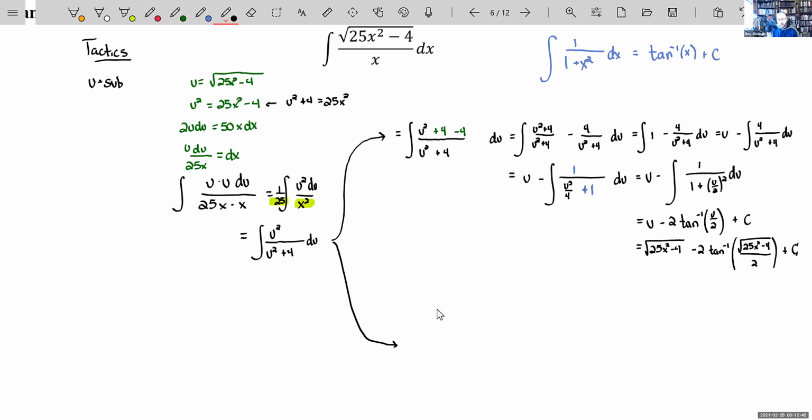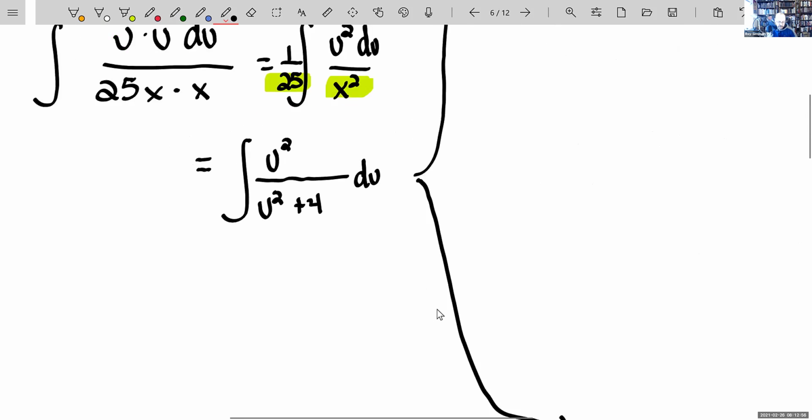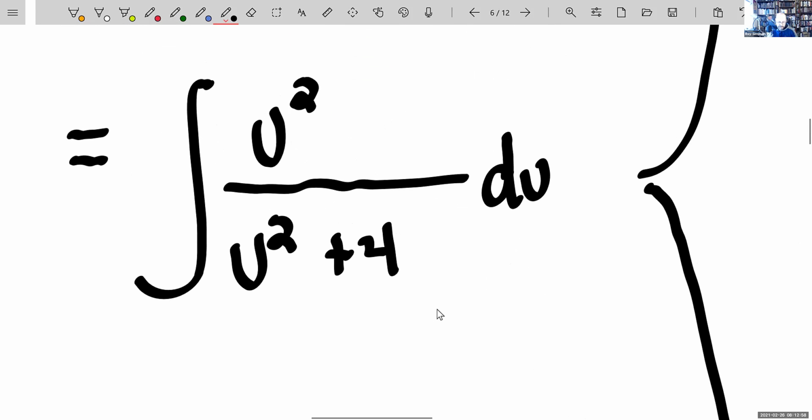The other way that I wanted to showcase with the u sub, I haven't done a trig sub yet, but if you're really married to the idea of wanting to do a u sub all the time, another way you could integrate this right here, rather than using the trick of adding 4 and subtracting 4, is to use long division.